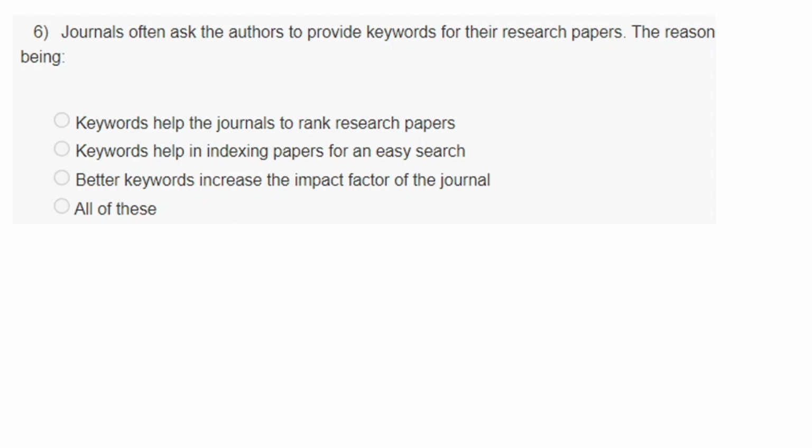The main motive is to help people locate your article, because that's very important. It might not sound as important, but it is, because there are a lot of articles being published every day, and a lot of articles in the same domain of work as well. So if people are searching, and you do not have good keywords, your article won't come in the top hits.